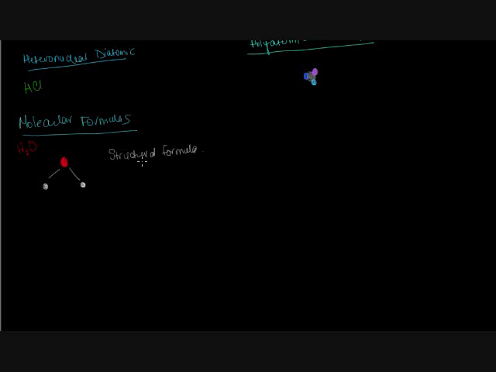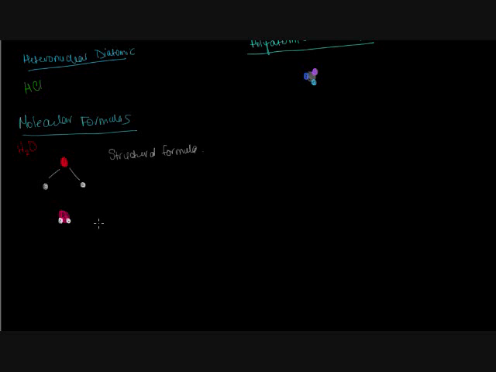Another way to show a structural formula would be to just take the oxygen and then have the little hydrogens attached right there. This is also a structural formula because it shows your oxygen and the orientation of your hydrogens.